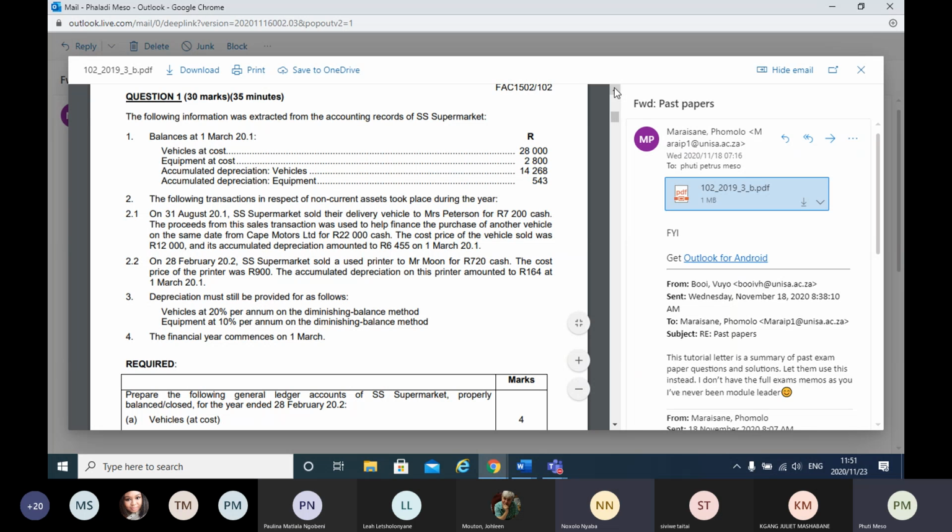One more thing that you need to learn about depreciation. Sometimes they give you what's called the residual value. If you're given the residual value, whether the depreciation is on cost or straight line, you need to deduct that. Take that into account as a minus, and then you go further by calculating your depreciation.